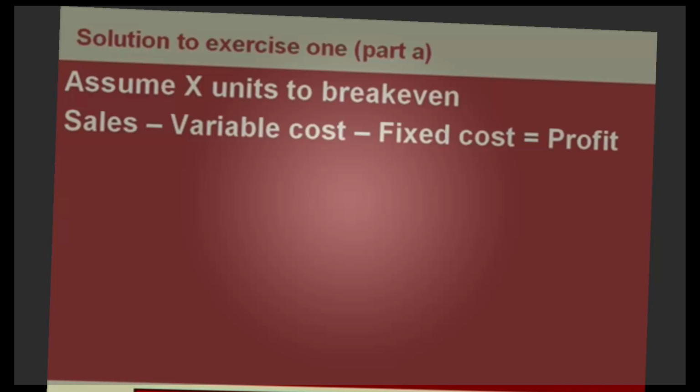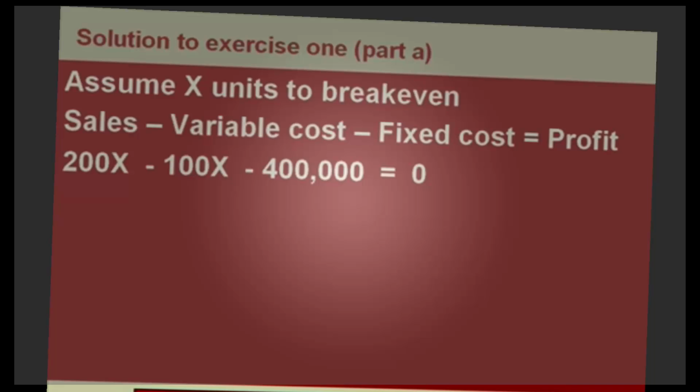So what's the sales revenue? It's 200 per unit. So for X, the sales revenue is 200X. The variable cost is $100 per unit. So X units is 100X. The fixed cost is $400,000. We're talking break-even point. The profit at break-even is 0.